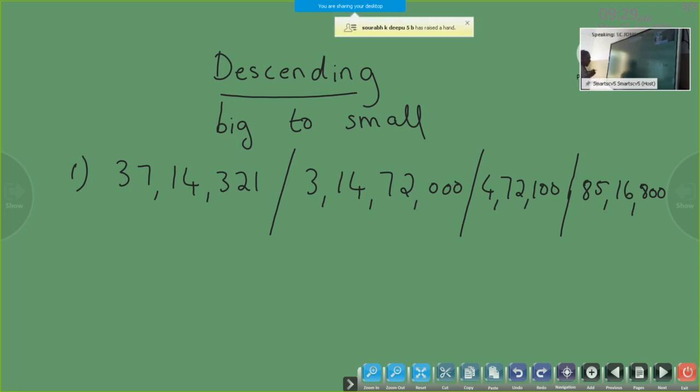The answer is, okay, you have to find out which number, small number or bigger number? Bigger number. Okay, which is the bigger number? First of all, you have to count the number of digits in each number. You have to explain to the other students also. So first of all, what you have to do?